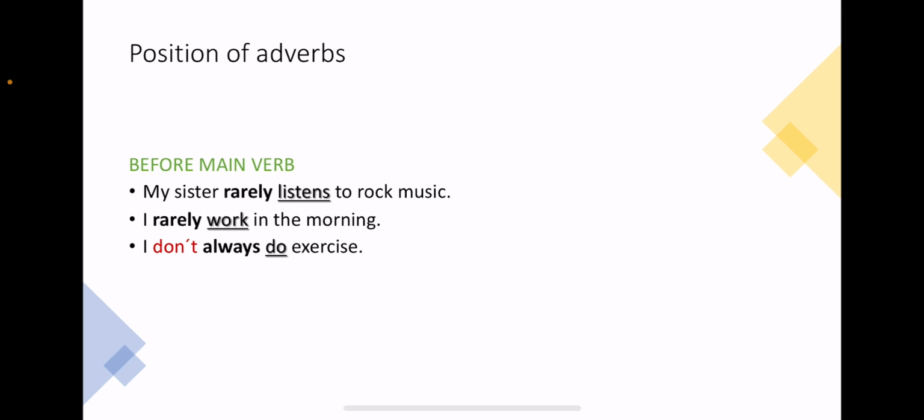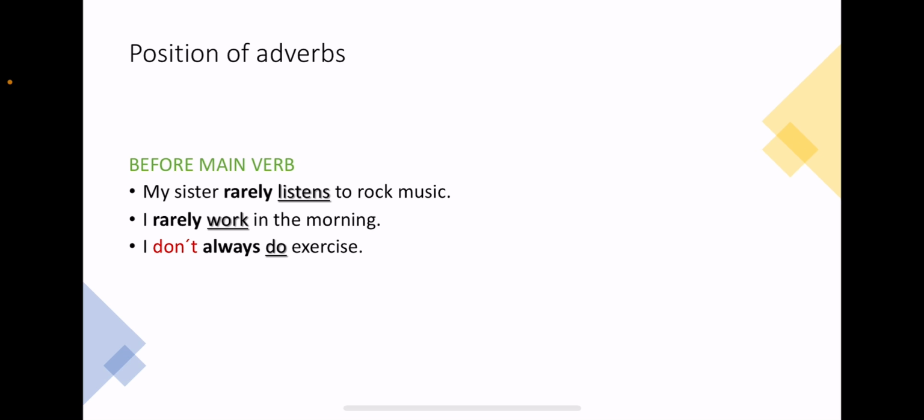So even when you have a negative, remember to put your adverb before the main verb. In the last example, in the negative, the adverb is in the middle between the negative word and the main verb. Don't always do exercise. That's how we use it for the majority of the verbs.